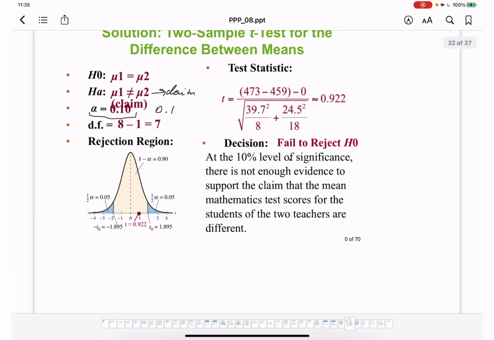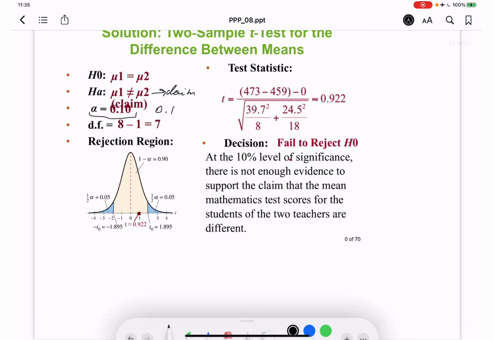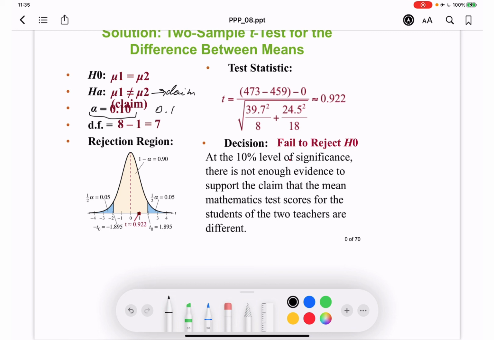So then we need to find the standardized test, the t score. This is your x1 minus x2, right? And this is mu1 minus mu2.